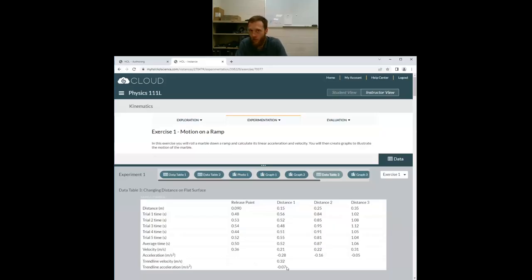So don't say it took 0.2 seconds on average to go down the ramp. Save all that for the results. Just talk about what you will measure. Calculated values would be average time, the velocity, the acceleration, and then the trend line acceleration. The principle of this lab is just 1D motion, or you can say 1D motion on a ramp, or something along those lines. But those 3 things would cover the purpose.